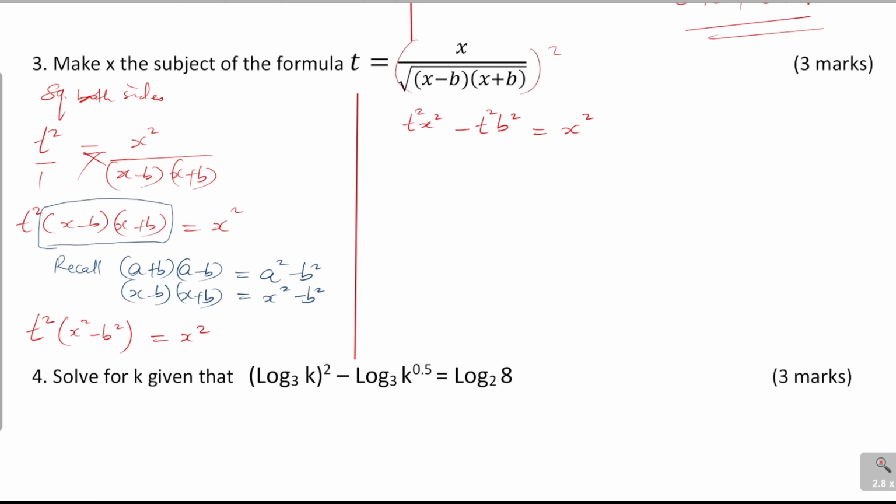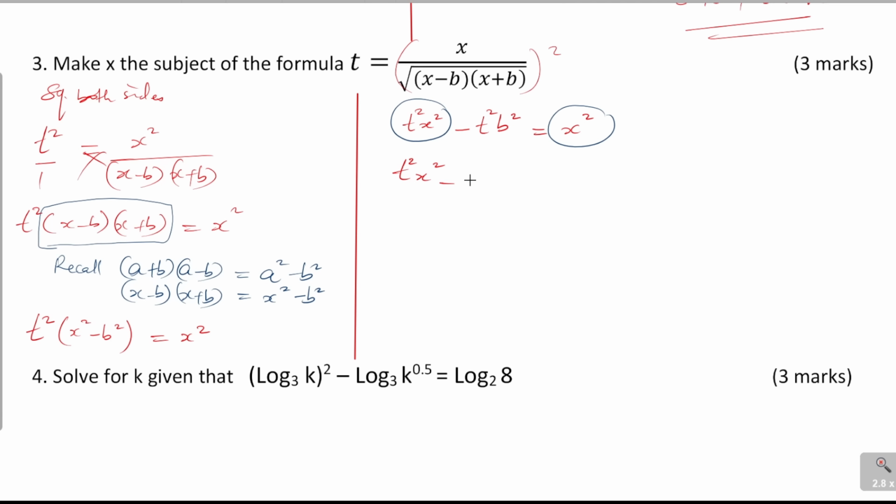I'll bring them to the left hand side so that I have t squared x squared, then to get x squared from the right hand side to the left hand side, you subtract it from both sides.